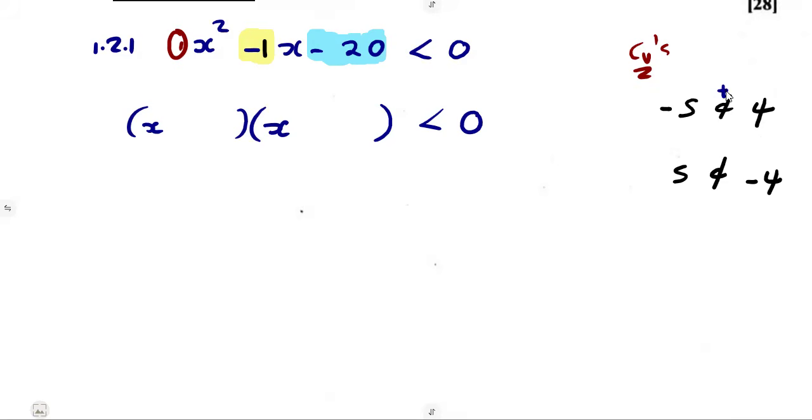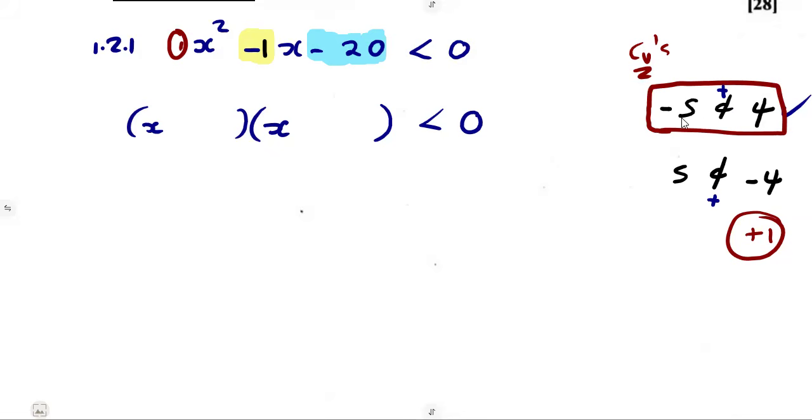If we add minus 4 and plus 5, we're going to get a positive 1. We need a negative 1, not a positive. So it must be from a minus 5 and a plus 4. These are the ones that we need.